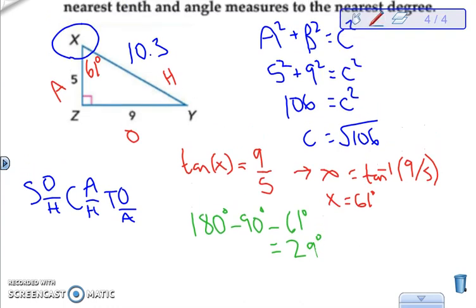There we go. And so now we have solved the triangle because all of the missing angles and sides have been filled in.